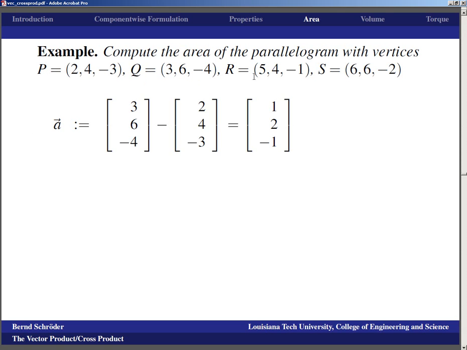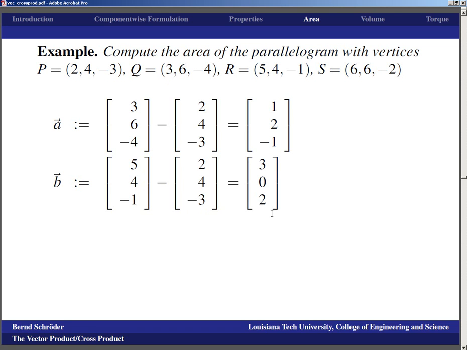And we could use R, which is another point that is connecting in the right fashion to the pivot point P. Well, then we get B being the position vector of R minus the pivot point, so that'd be 5, 4, negative 1, minus 2, 4, negative 3. So 5 minus 2 is 3, 4 minus 4 is 0, and negative 1 minus negative 3 is 2. So we get 3, 0, 2.